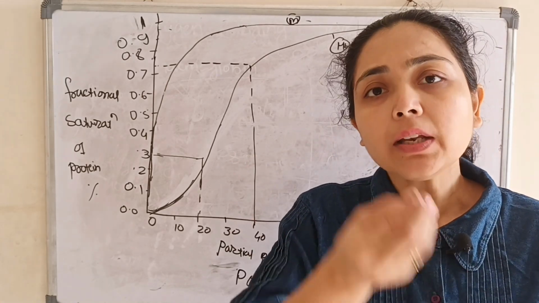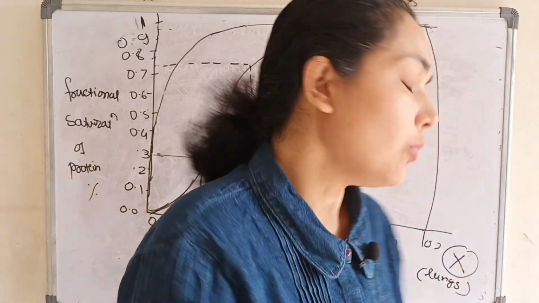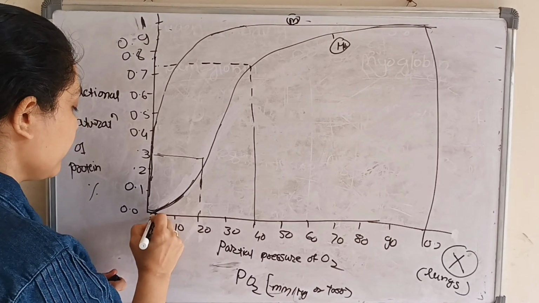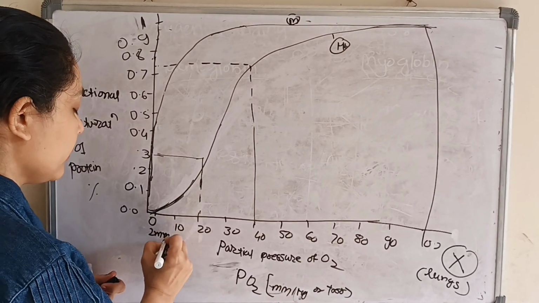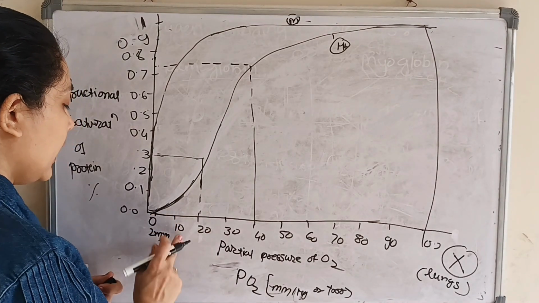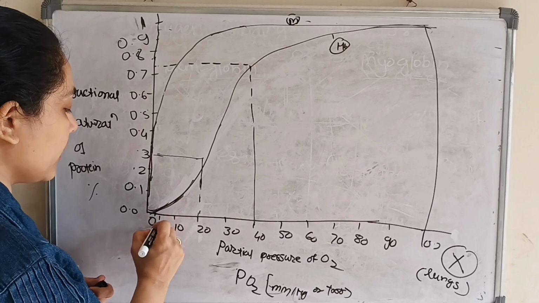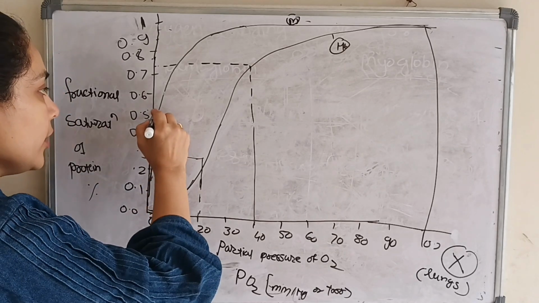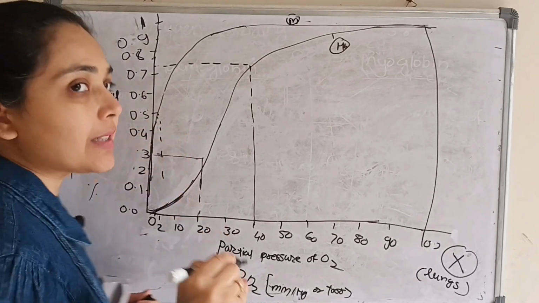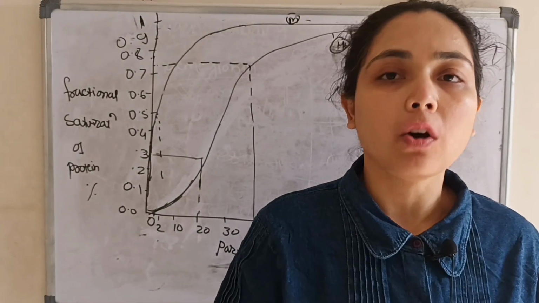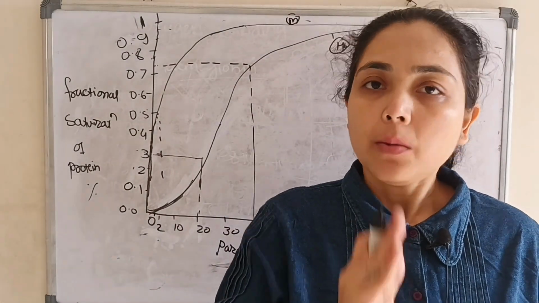So even at a very low partial pressure, around 2 mm of Hg, at the value of 2, for example here, we get around 50% of the myoglobin saturated with oxygen.